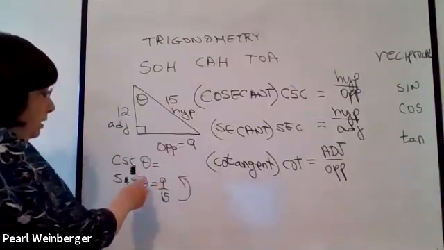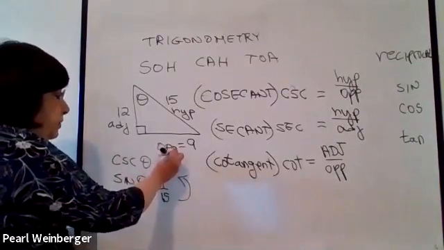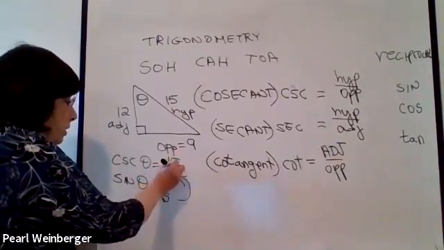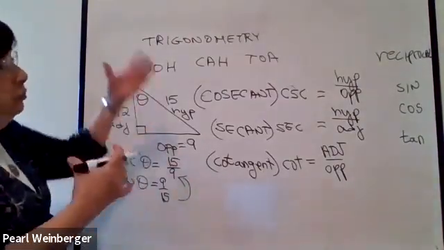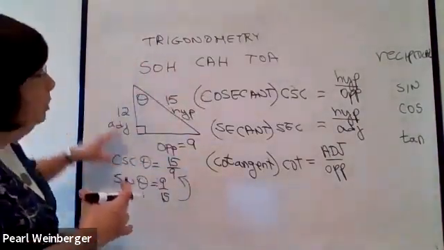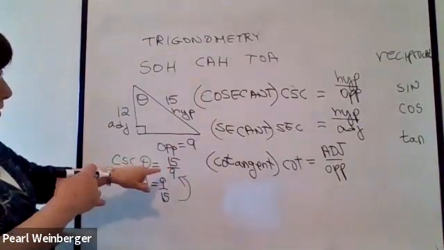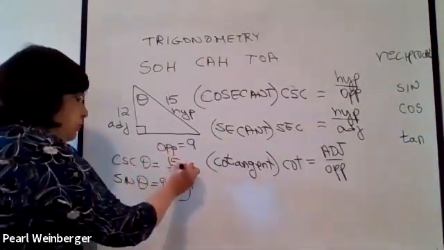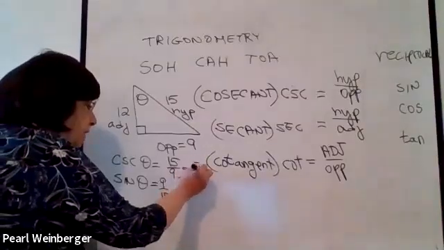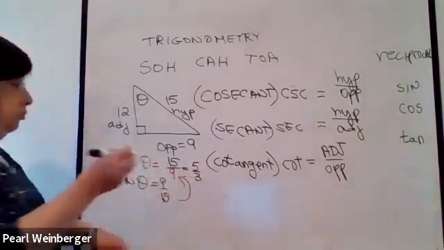So the cosecant will be 15 over 9. All I have to do is remember the names because I already have all the information. Of course, I can reduce 15 over 9 to 5 over 3 if I want it in simplest form.